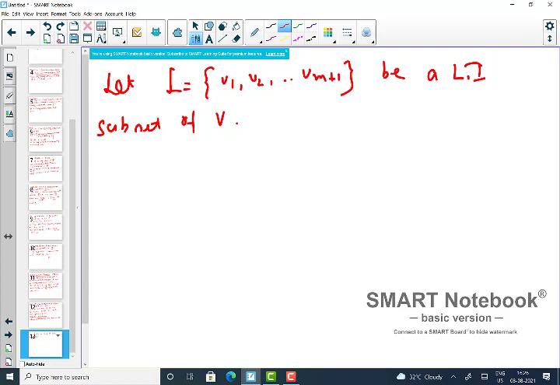So this is given to me. If something is linearly independent, then any subset of that set is also linearly independent.